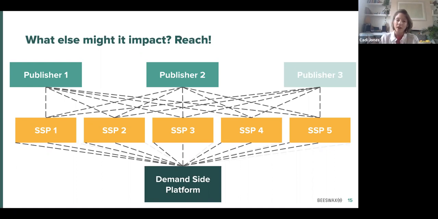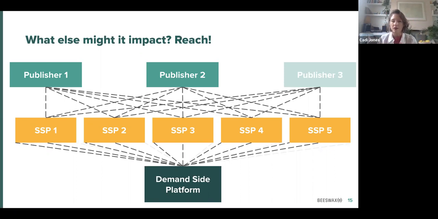And so in that scenario where the DSP has said, can you turn down our level of volume of bid requests we're seeing from publisher 3, that might work fine for the bulk of that DSP's customers. But what you might see if you're the exception, or if you really care about a particular user group, is that it might even limit your reach to the target audience that you're really trying to connect with.